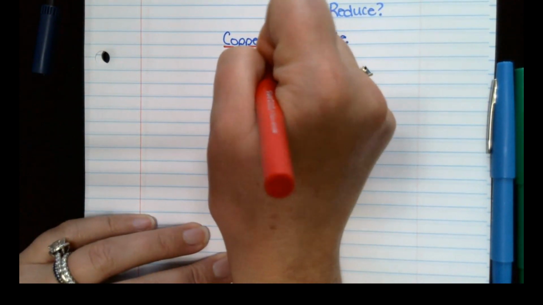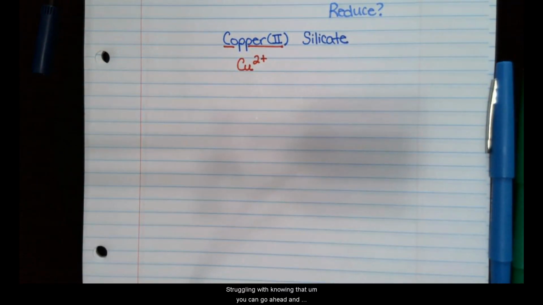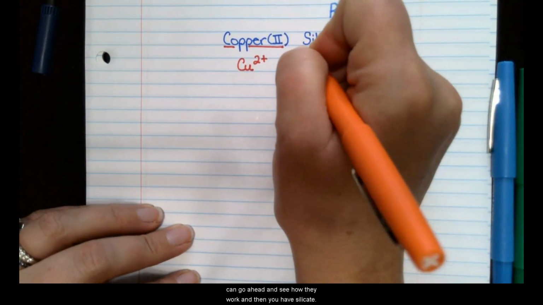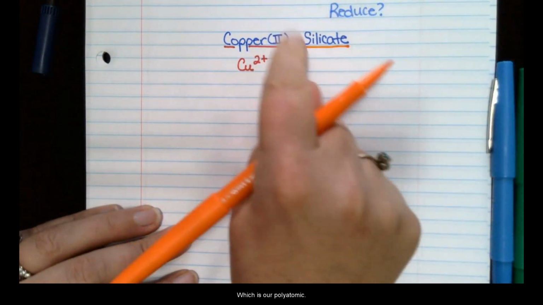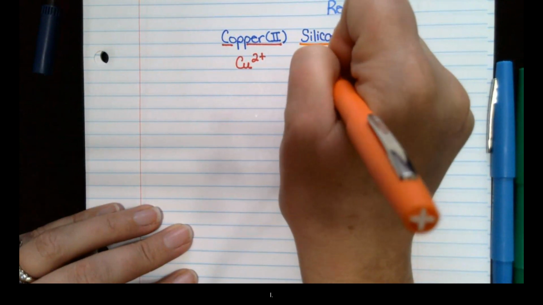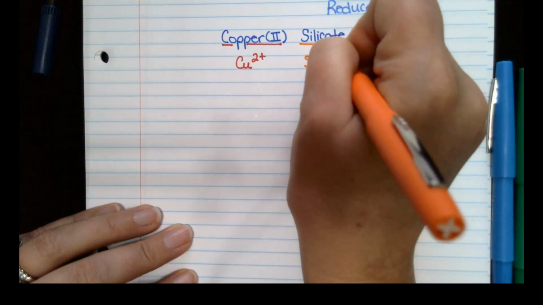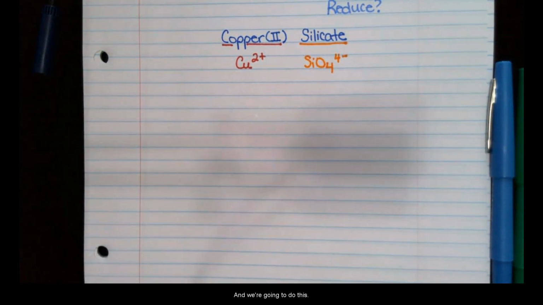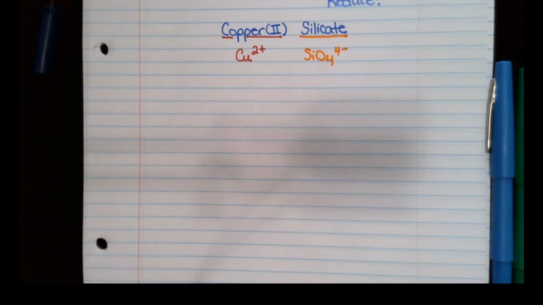If you're struggling with knowing that, you can go ahead and review our common metal ions, and they have a lot of the transition metals in them, like copper 1 or copper 2, nickel 1 or nickel 2. So you can go ahead and see how they work. And then you have silicate, which is our polyatomic, and it's SiO4, 4 minus, and we're going to do this in two different ways.